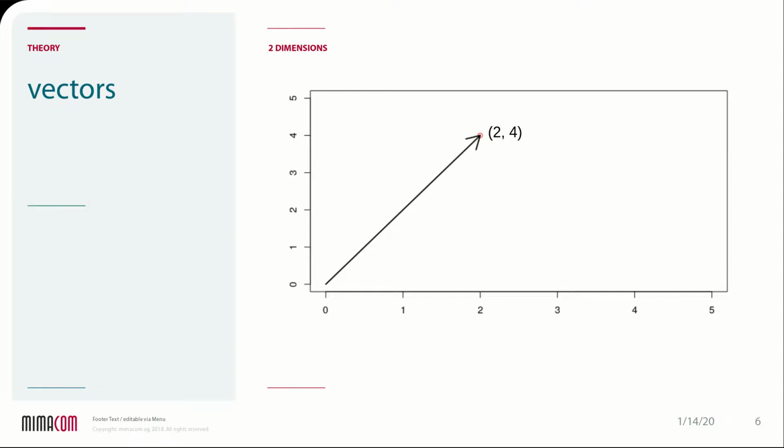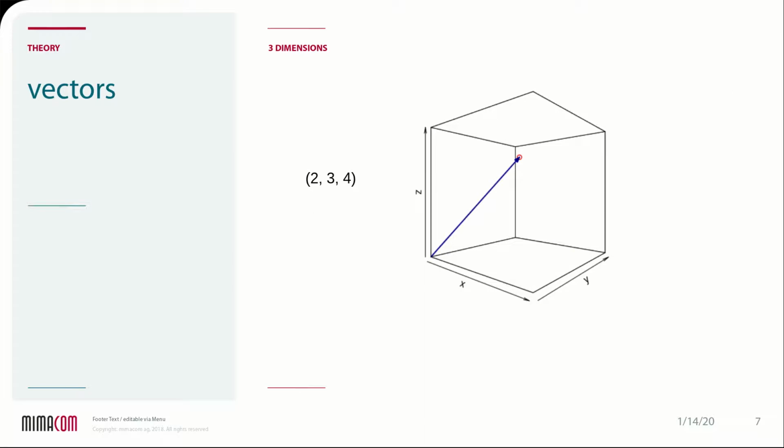So what is a vector? If we display it in two-dimensional space, then we can say that it's just two coordinates. In that case, it's a point. Or we can also display it as an arrow from the origin to those coordinates. We can also do the same thing for three-dimensional space.